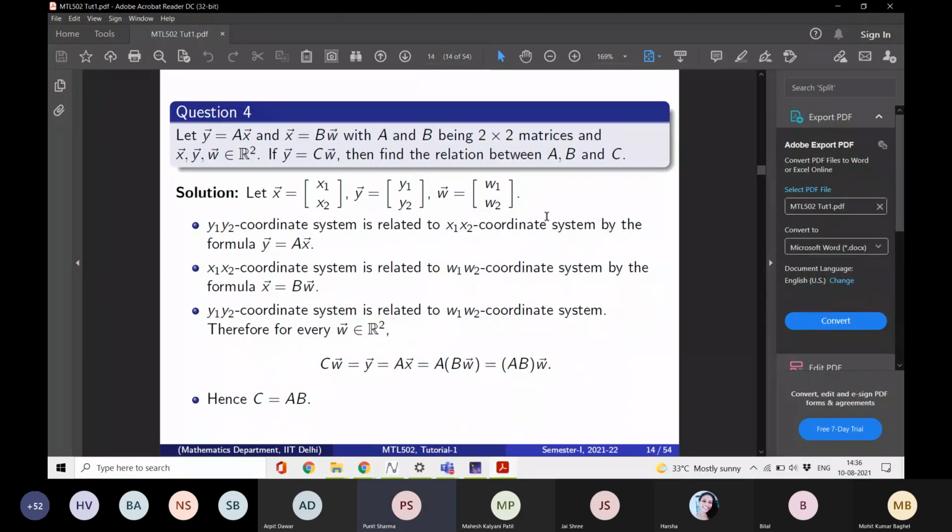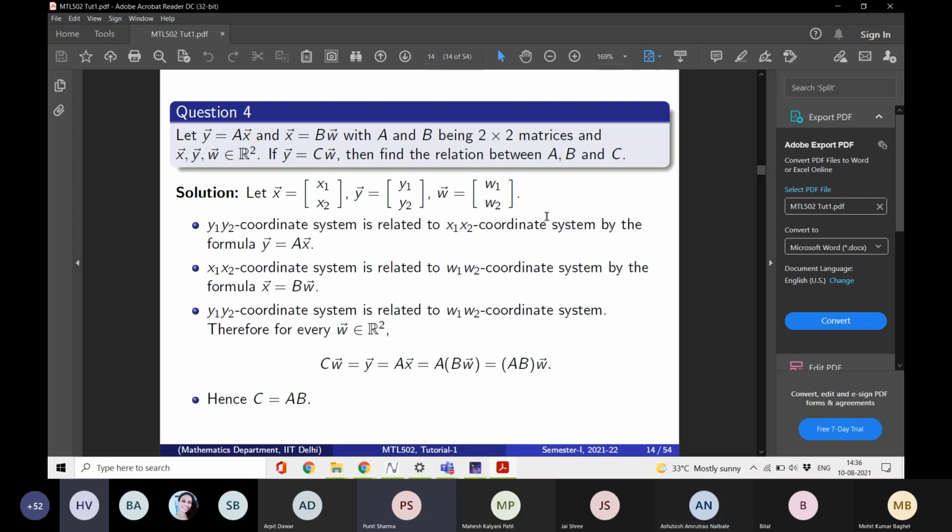You are equating two matrices, saying the matrix C is equal to the matrix A times B. So when do you say that two matrices are the same? The matrices are the same when they are the same entry-wise. So how do you conclude from here? Can you give some precise argument?